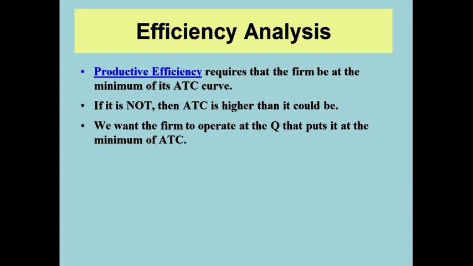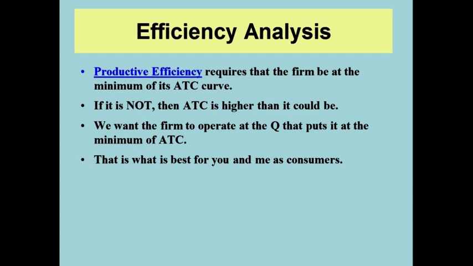So obviously what we want as consumers is for the firm to operate at an output that puts it on the minimum of average total cost. So that's what we're looking to see.